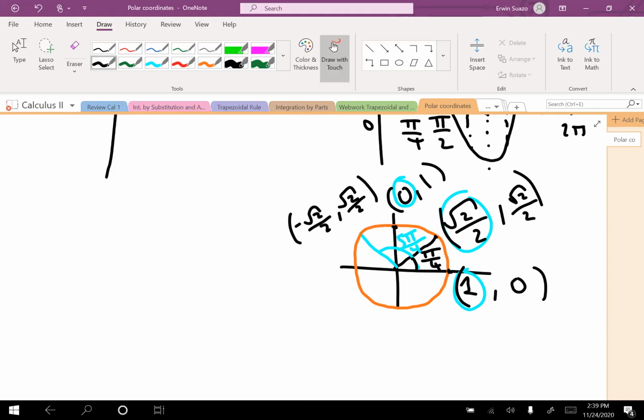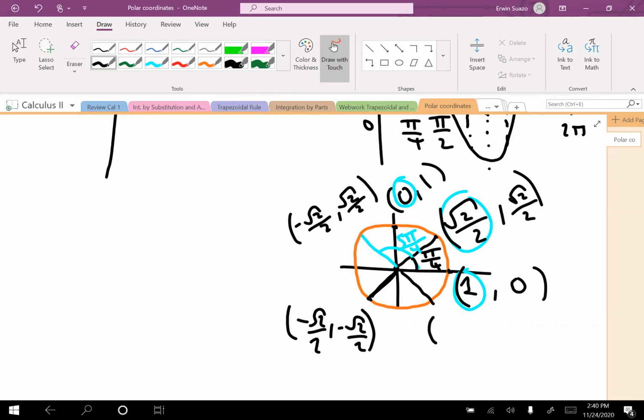Now you do the same here. So by symmetry, what is this point? Negative square root of 2 over 2, negative square root of 2 over 2. Correct, yeah. But you have your calculator, so don't worry if you don't; this is the hard way.